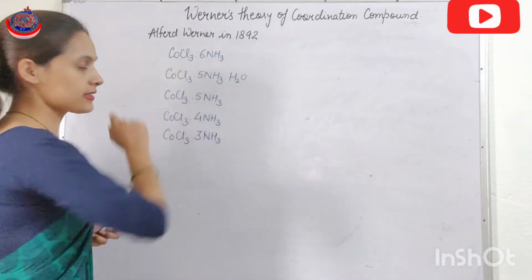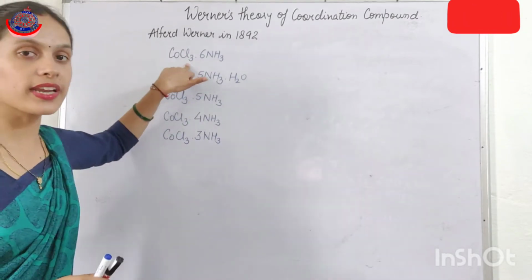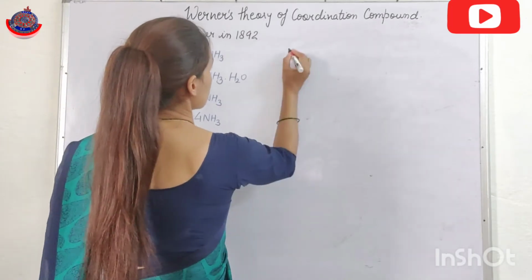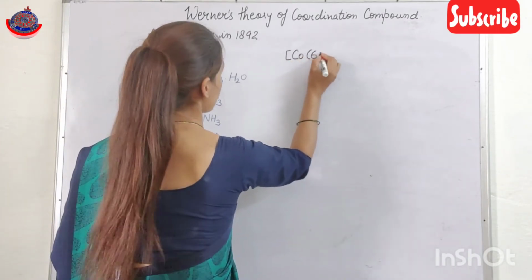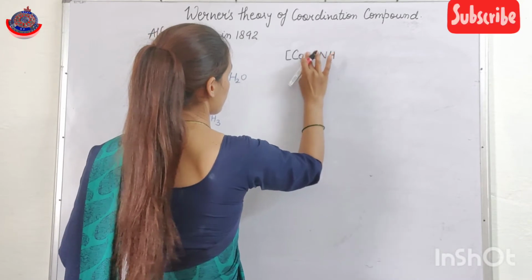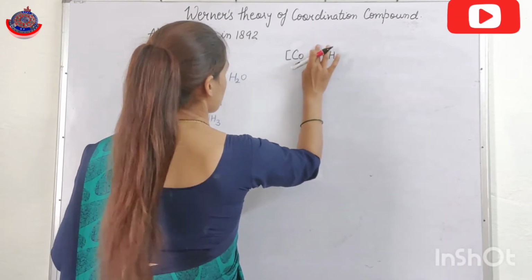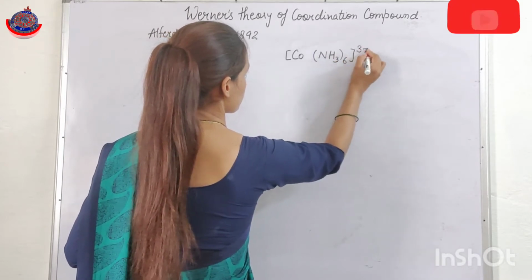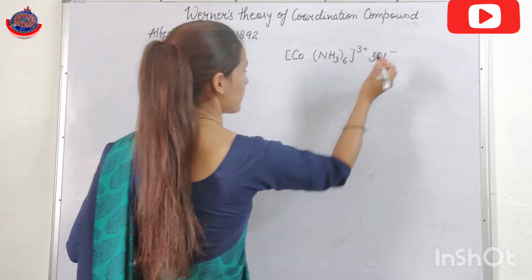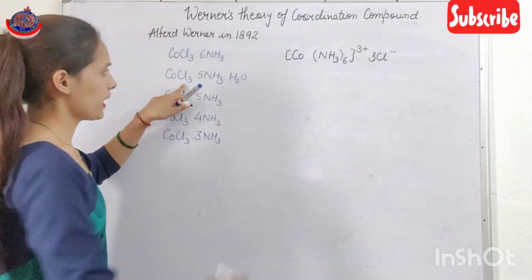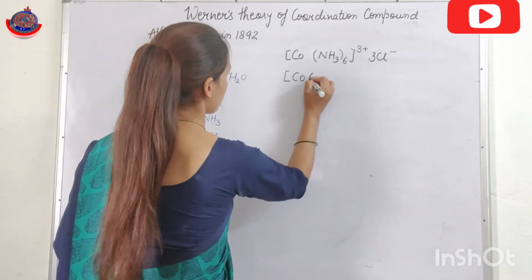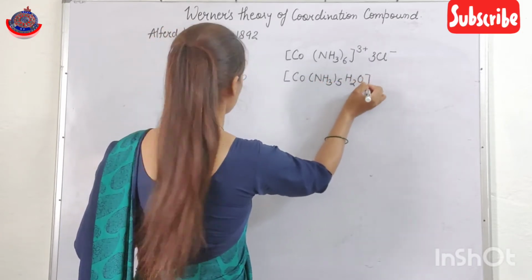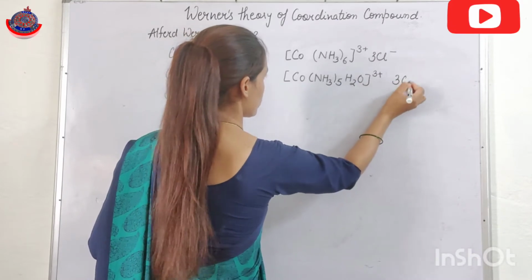Now, in this case, when it reacts with excess of AgNO3, we get Co(NH3)6 3 positive, 3 Cl negative. Here we get Co(NH3)5H2O 3 positive, 3 Cl negative.